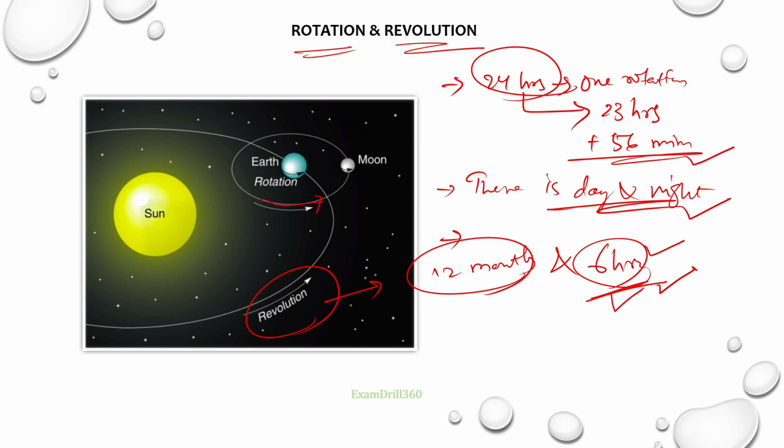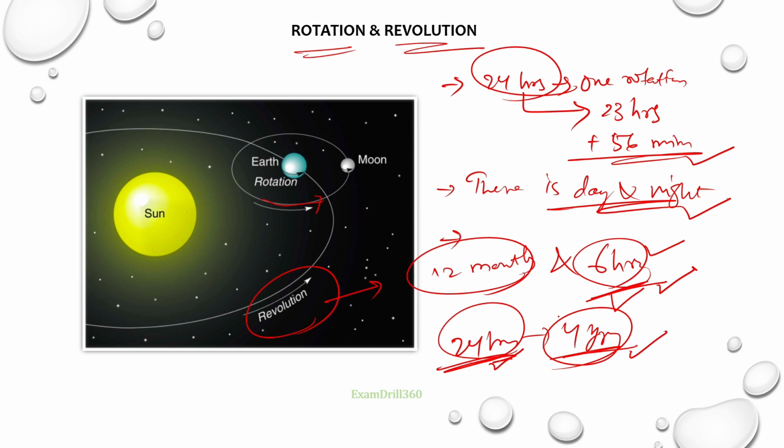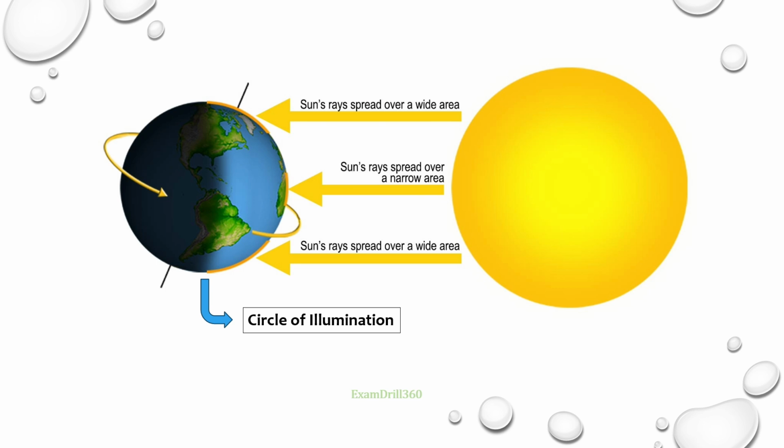If it is 6 hours for 1 year, then it is 24 hours in 4 years. So this 24 hours, as a day, will be added in your leap year. And that is why a leap year comes every 4 years. And because of revolution, seasonal changes occur. We'll discuss everything in detail later.